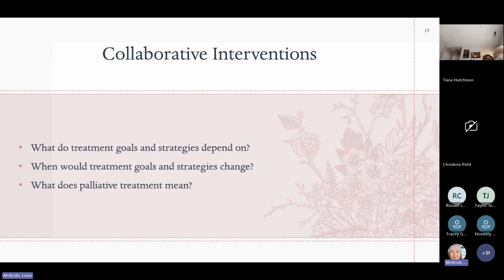Okay, Giddens page 109. What are the collaborative interventions? The strategy for treatment just depends on the type of cancer it is. There are a lot of different cancer treatments today besides just chemotherapy, radiation, and surgery. Those were the top three for many years. That was all we had.